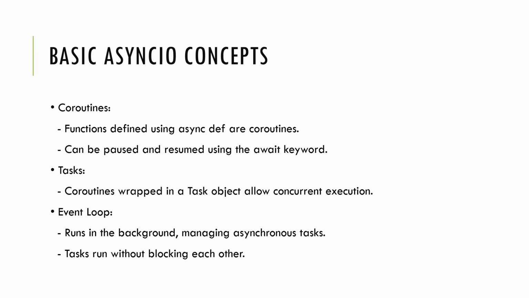A task is essentially a coroutine that has been wrapped in a way that allows it to run concurrently with other tasks. Finally, the event loop. The event loop runs in the background and schedules these tasks. It allows one task to execute while another is waiting for something, like an IO operation to finish.